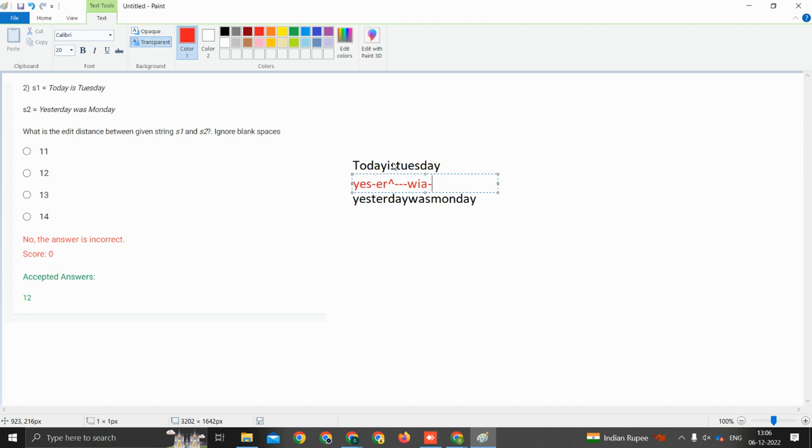Then S is already present. Then deletion of T, insertion of M. Deletion of U and then insertion of O. Am I right? Then we delete E. Then we also need to delete S and insert N. Then D is already present.